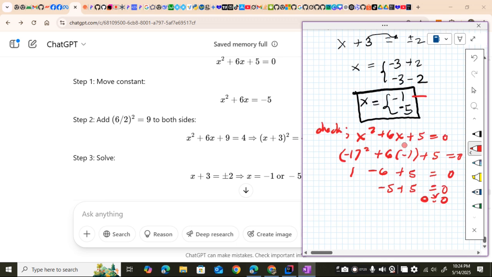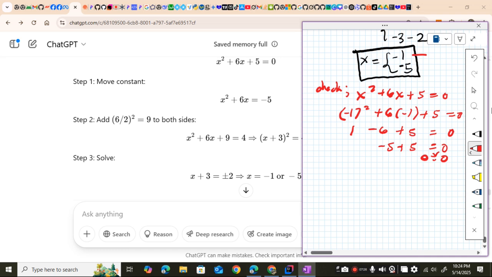And how about for the second root? We just want to be sure that everything is working fine. That's why we provide a check. So write again the equation. And this serves as a very good exercise for you to practice your algebra. Simply by plugging in the value, negative 5, and then squaring it, plus 6 multiplied by negative 5, plus 5 equals 0.